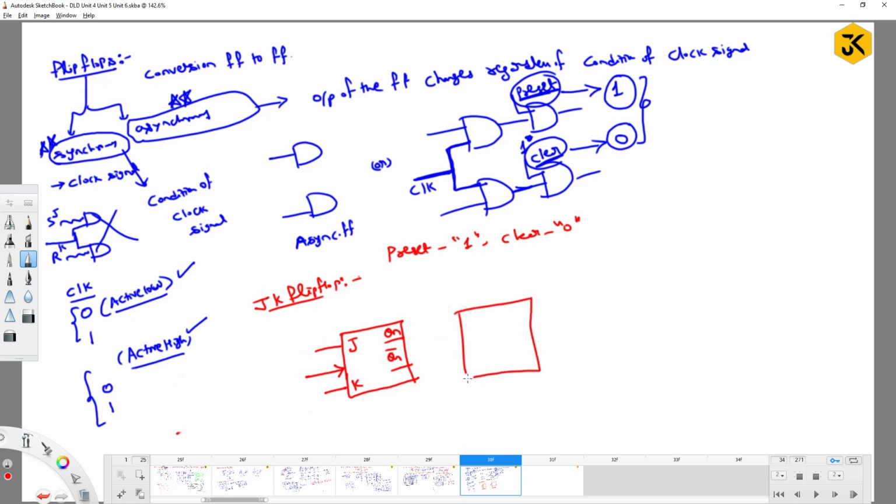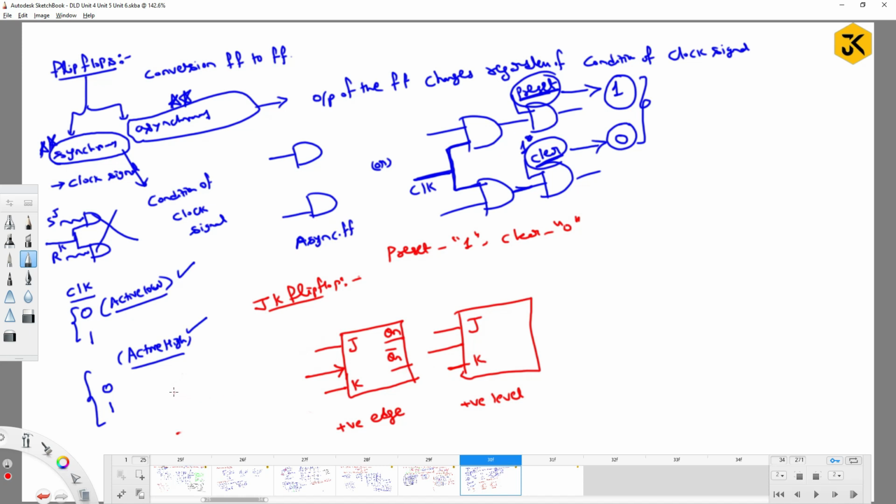Similarly, this is another kind of JK flip-flop. The difference between these two is that this one is positive edge triggered and this one is positive level triggered. Depending upon the way you pass the clock, your circuit is going to behave differently.